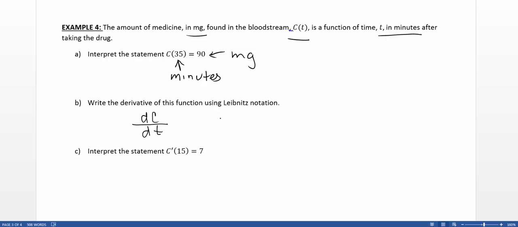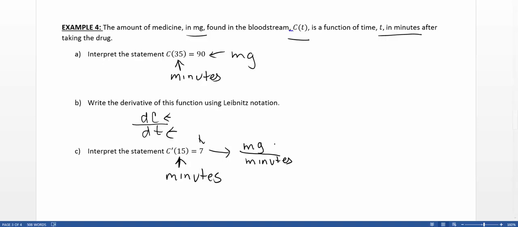So remember, the number that we're plugging in is always your independent variable here. So this is going to be in minutes. And the units of our derivative are going to be the units of C over the units of t. So the units of C are in milligrams, and the units of time are in minutes. So the units of 7 are in milligrams per minute.